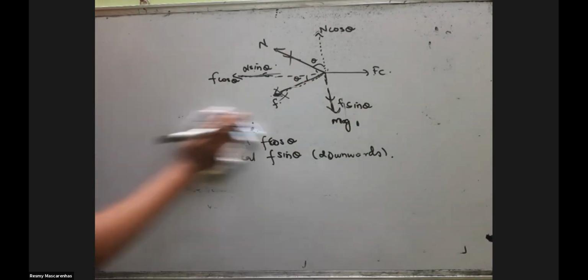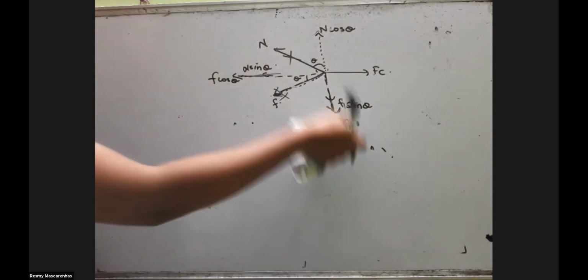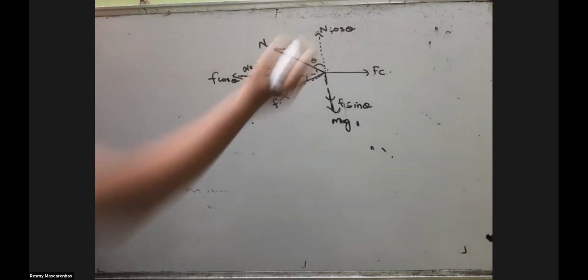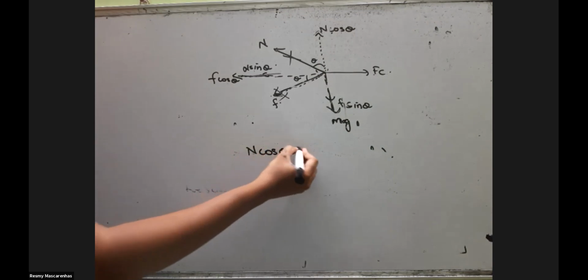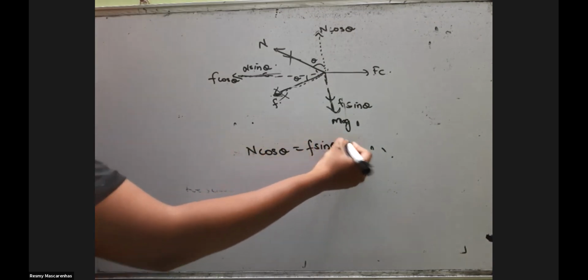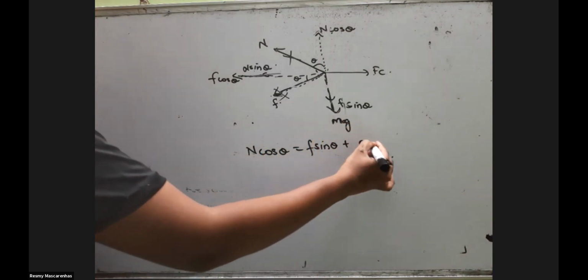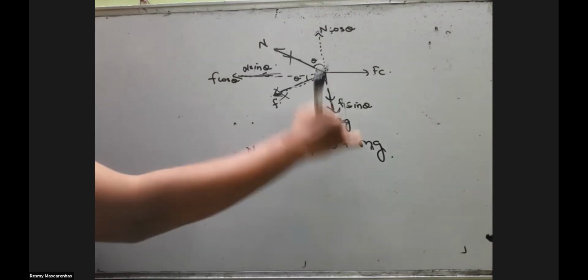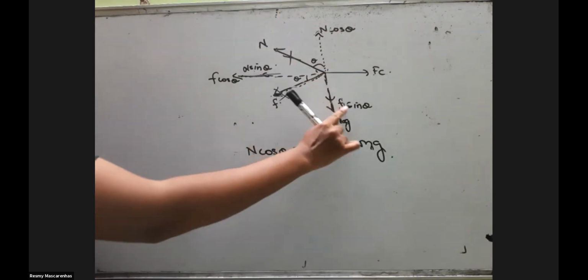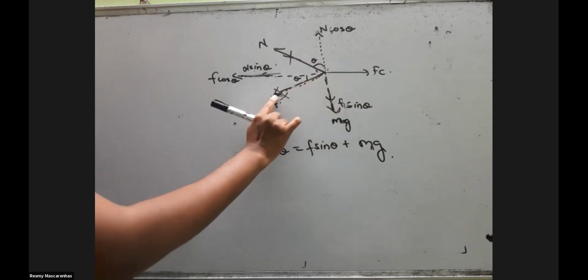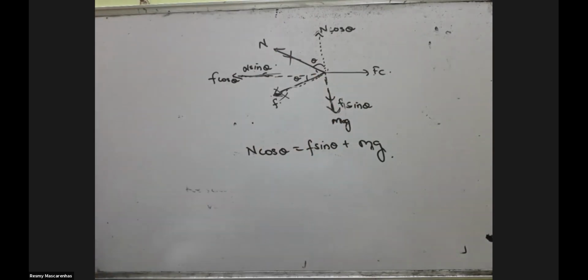So which all are the vertical forces? 1, 2, 3. So N cos theta will be equal to F sin theta plus mg. This mg was already there from before by default. This F sin theta came because of this one's vertical component.